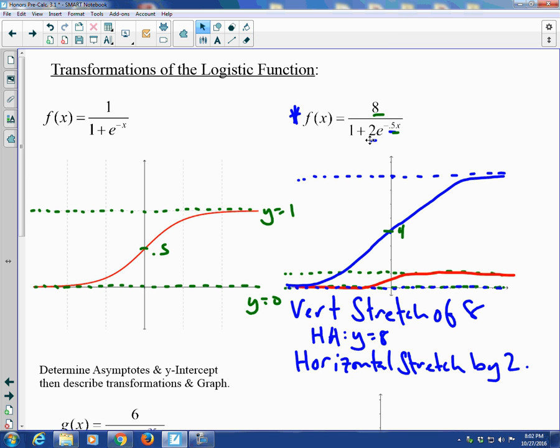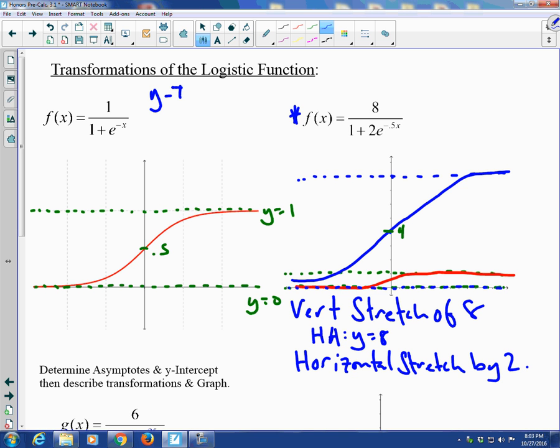But one way we can see this shift that we are going to get by 2 is by noting where we cross the y-axis. If we're seeing a shift to the right, then our logistics function is going to cross the y-axis before the halfway point of 4. If we're seeing a shift to the left, then we're going to cross after that halfway point of 4.